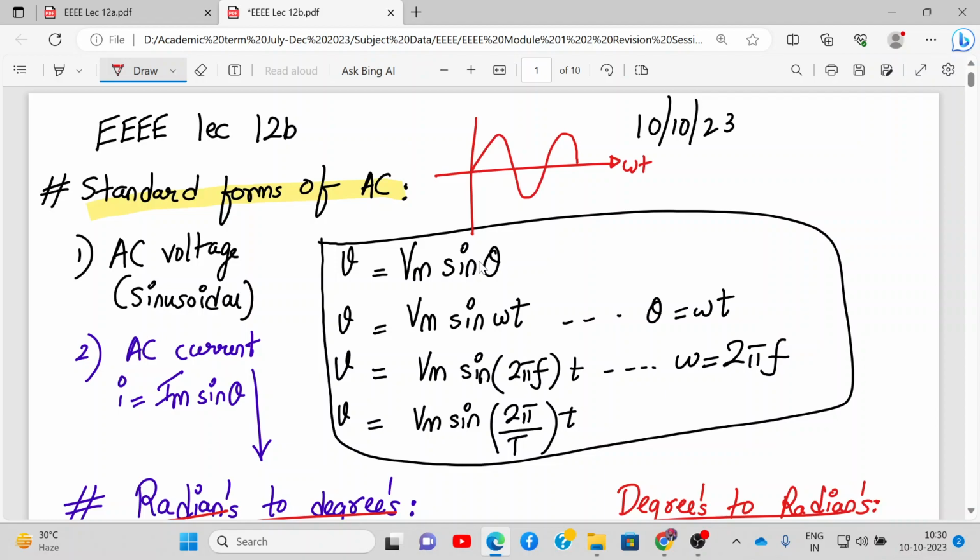This is omega t, this is V, the maximum value will be Vm, the minimum value will be minus Vm. Okay, and this is my AC voltage. And these are my standard forms. V is equal to Vm sine theta, sine omega t, sine 2 pi f t, and sine 2 pi by capital T into t, where capital T is the time period.